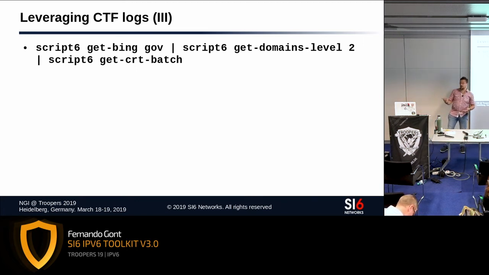Normally, the domain names that you will learn from any search engine are from services that are indexable, okay? So it could be some FTP site, it could be a website, but you're not going to get, for example, domain names that correspond to mail servers because they are not indexed.